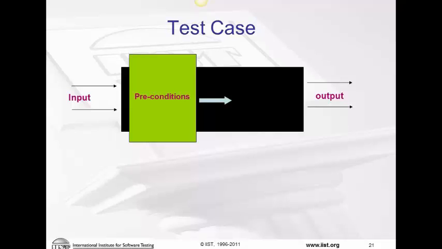If I'm running a test case, for example, to test the complimentary upgrade to first class, obviously some of the preconditions I'm interested in are: is the person platinum or gold or silver?